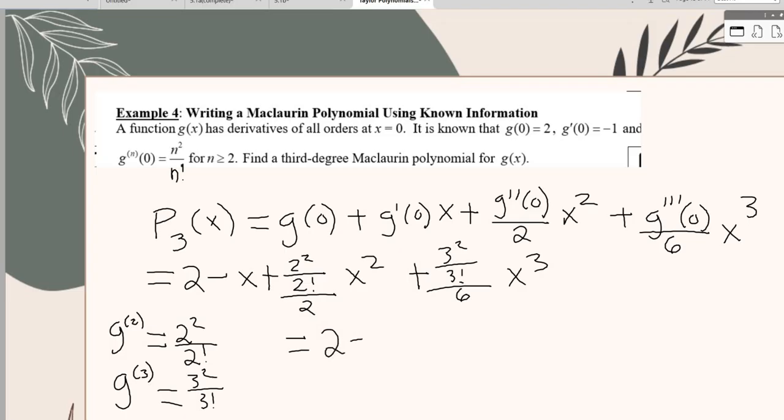So we get 2 minus x plus, well, this would become times 1/2, yes? So this would be 4. 2 factorial is still just 2. Times 2 gives me a 4 on bottom as well, right? So that just ends up being 1. So I should get x squared.